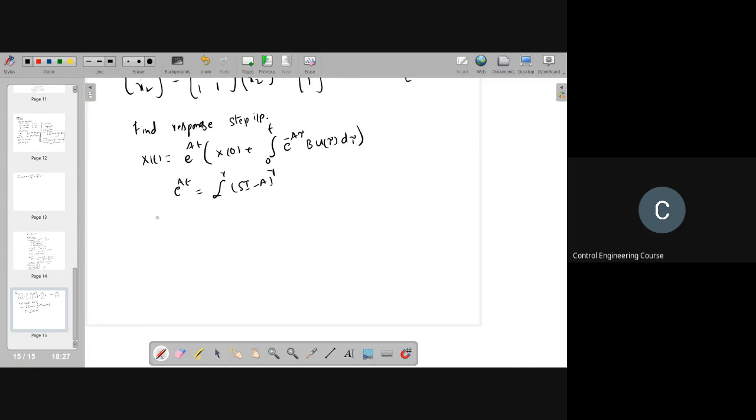So first step is we have to find out (sI minus A) inverse.